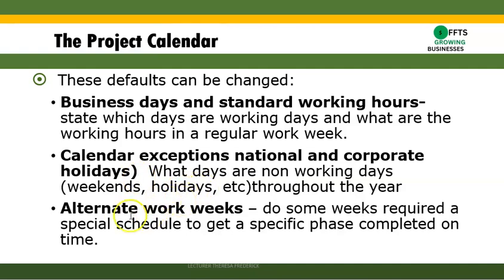So you make an adjustment, and you have alternate weeks. The standard calendar is Monday to Friday. Suppose your work week is Monday to Thursday, so you make these adjustments. So this is why we want to create the project calendar early, so that the adjustments we make go on the project calendar.